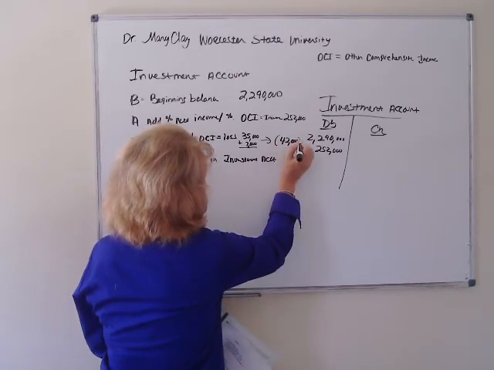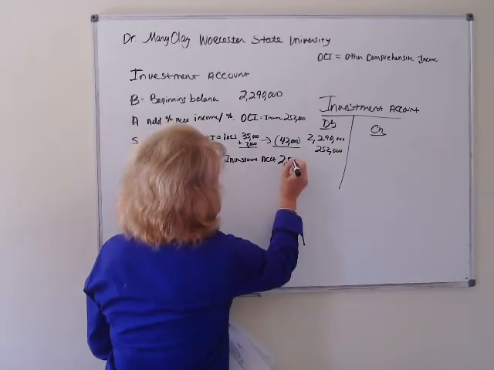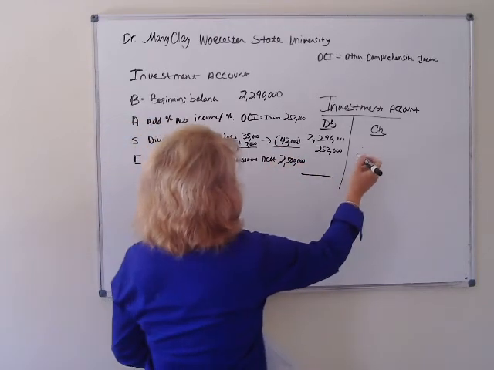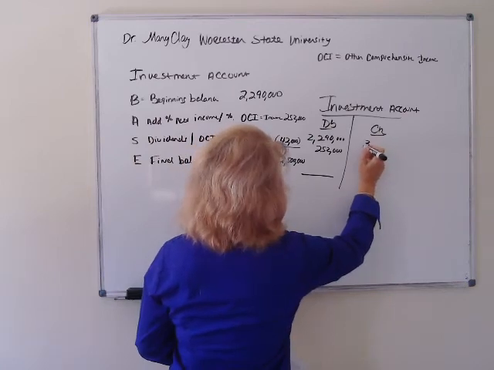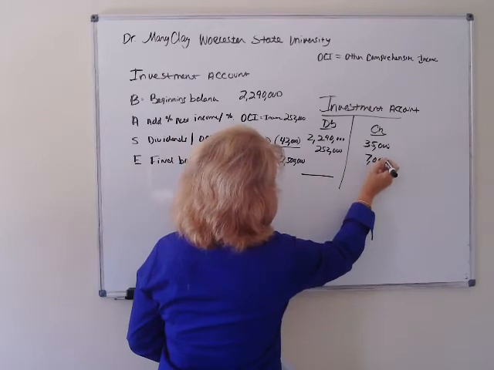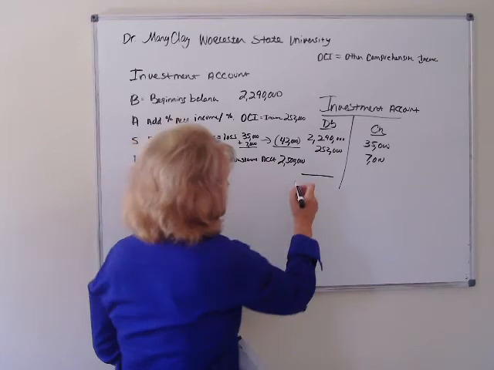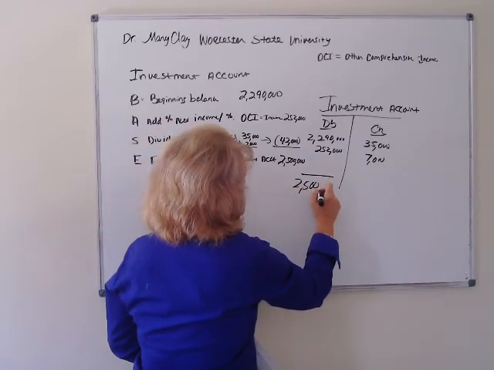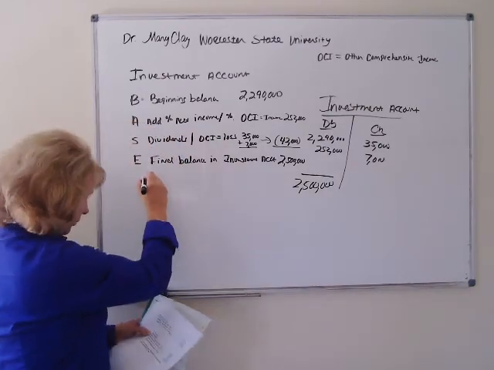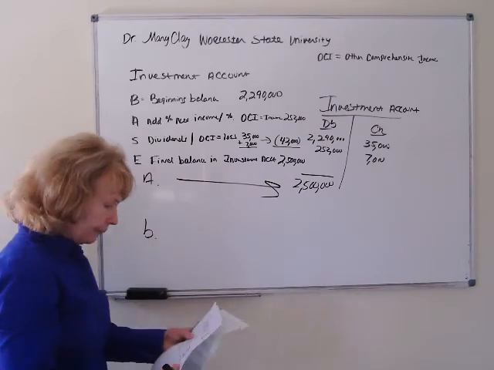You'll subtract, and that gives you 2,500,000. If you did a T account, you would put a credit for the 35, a credit for the 7, and then you add those, subtract, and that will total 2,500,000. So your answer to the first question, A, is 2,500,000.